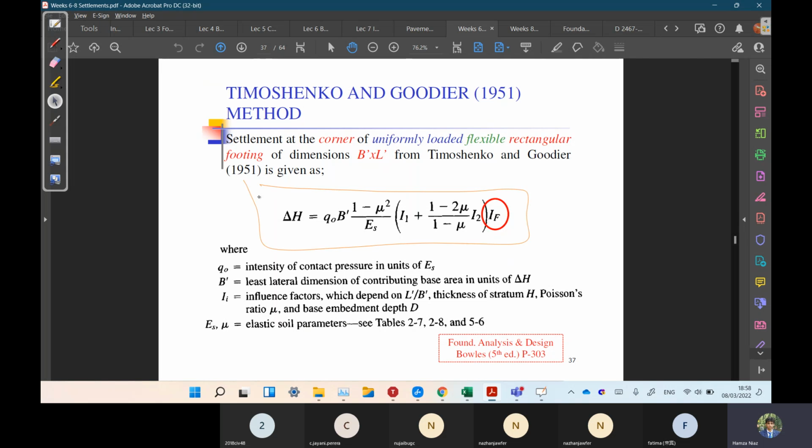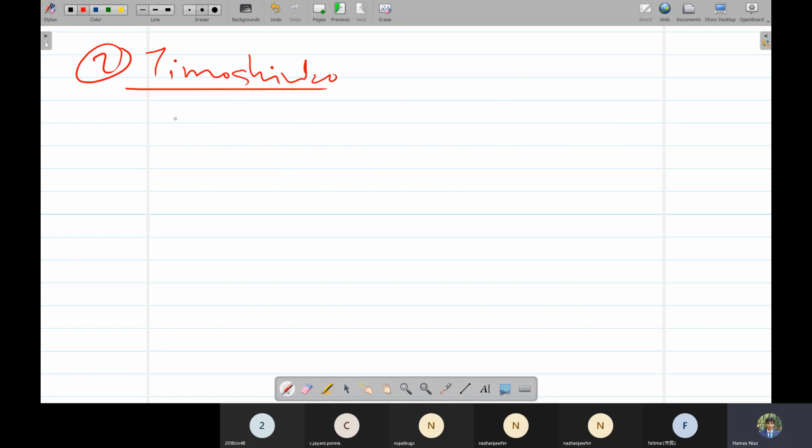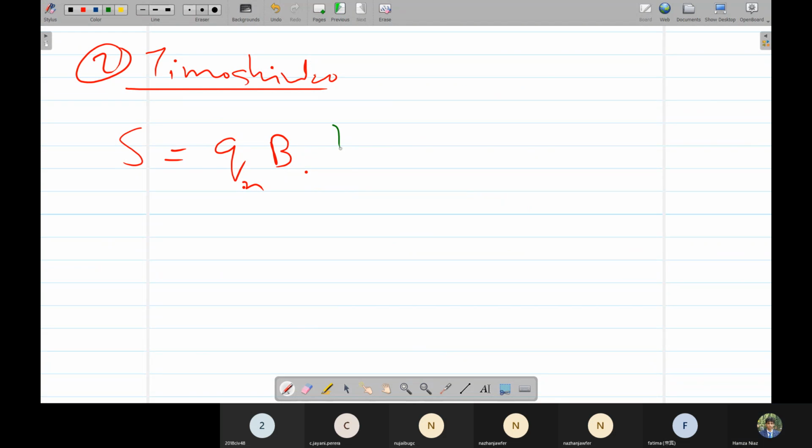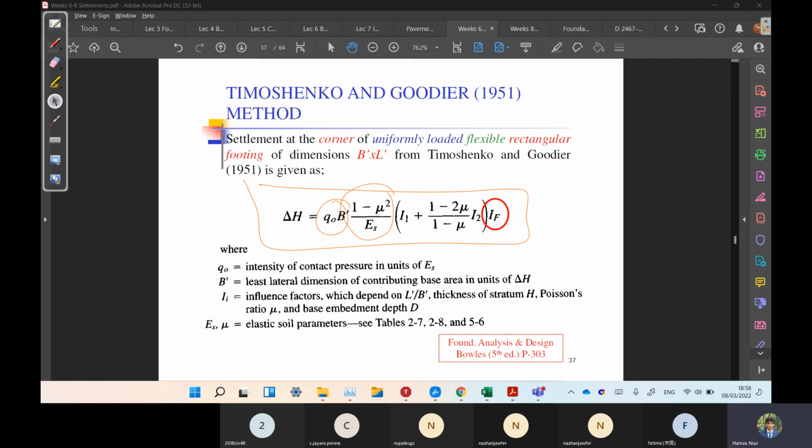This is the expression. The total settlement is equal to QB, again the same contact pressure times B. This is the pressure difference, times (1 minus mu squared) over ES. And here, remember this mu is not a sum factor. This is Poisson's ratio, mu.